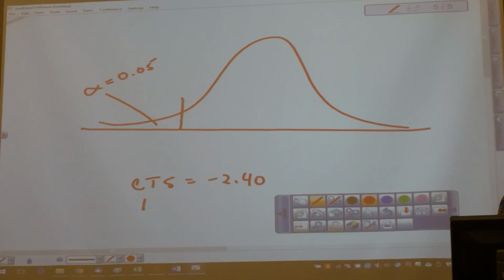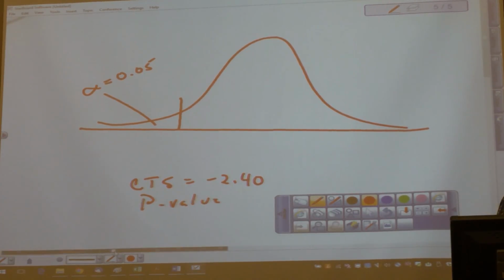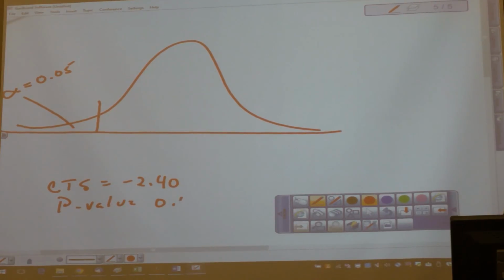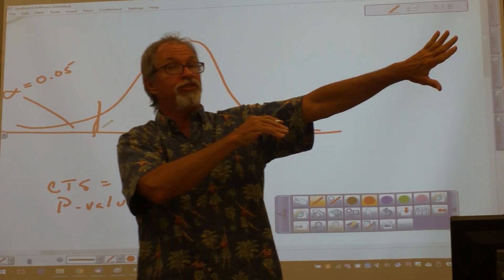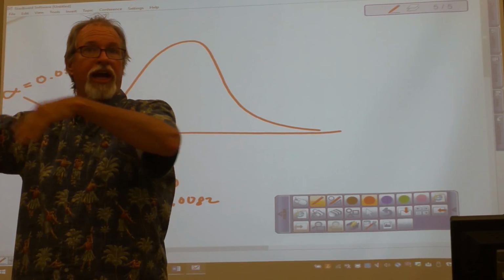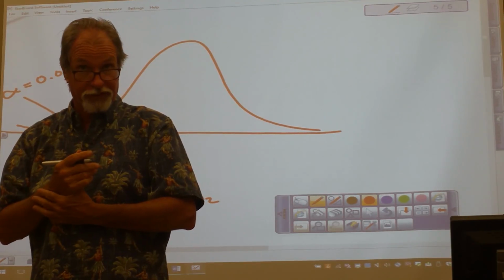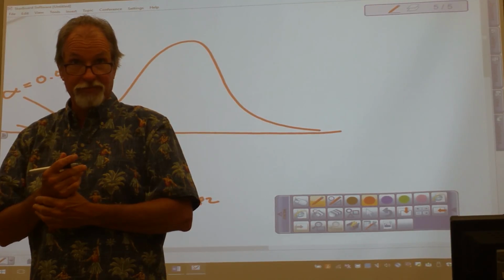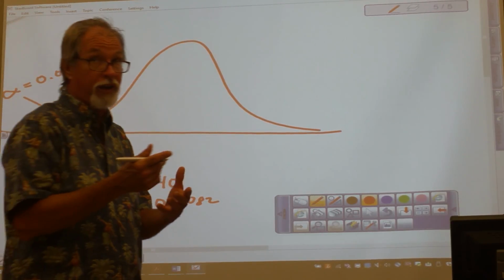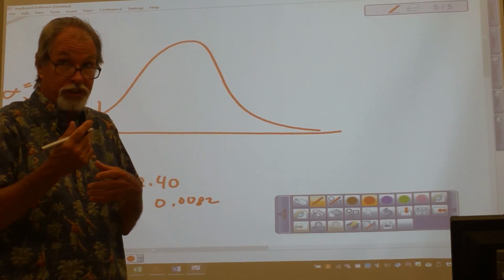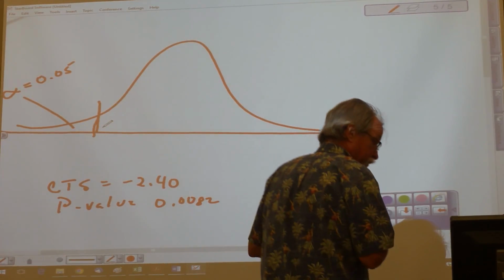It's got a p-value related to this of 0.0082. Now, that means I've got a table value here where 5% is to the left and 95% is to the right. Do we know what that table value is? Negative 1.645. We looked that up so often. That's why I said we should get to the point where we can just have that one particularly memorized.